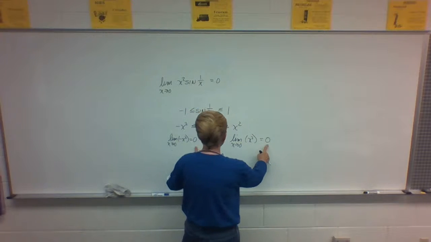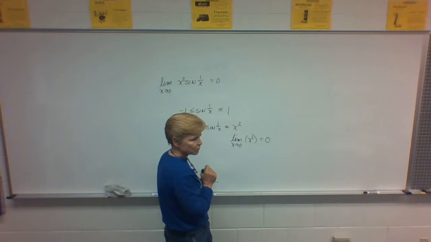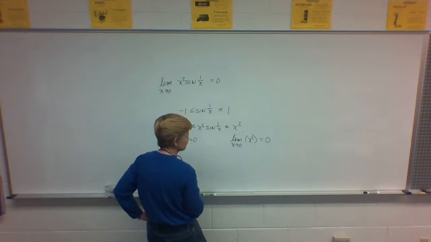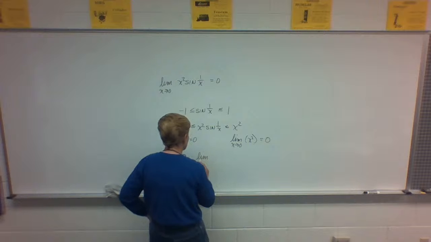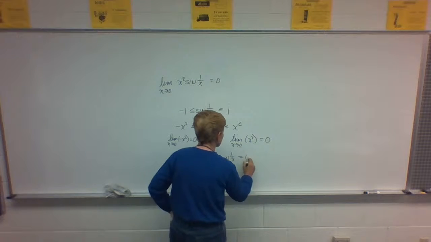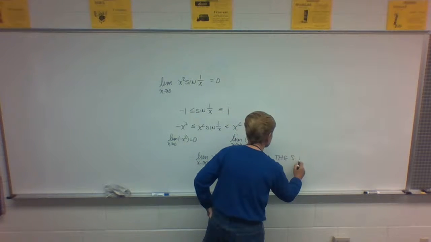Since these are the same, and this is always in between them, this one's limit at 0 must be 0. This is how you write it. Therefore, the limit as x approaches 0 of x squared sine 1 over x is 0 by the sandwich theorem.